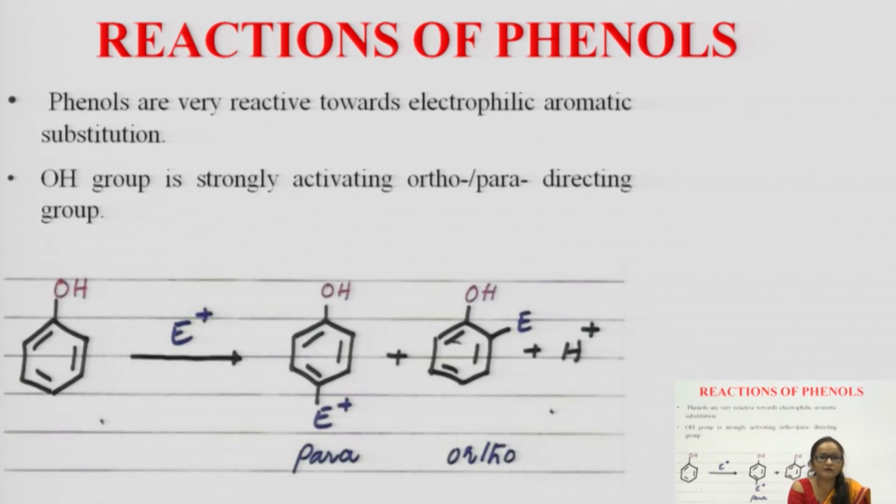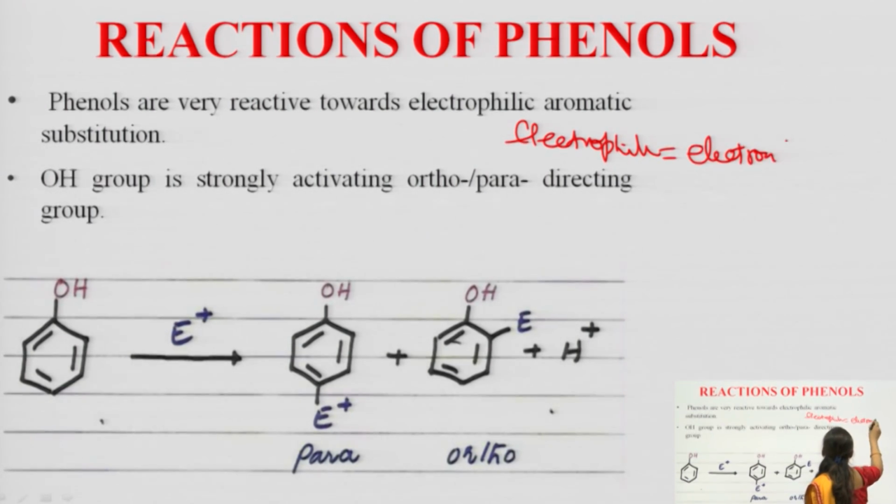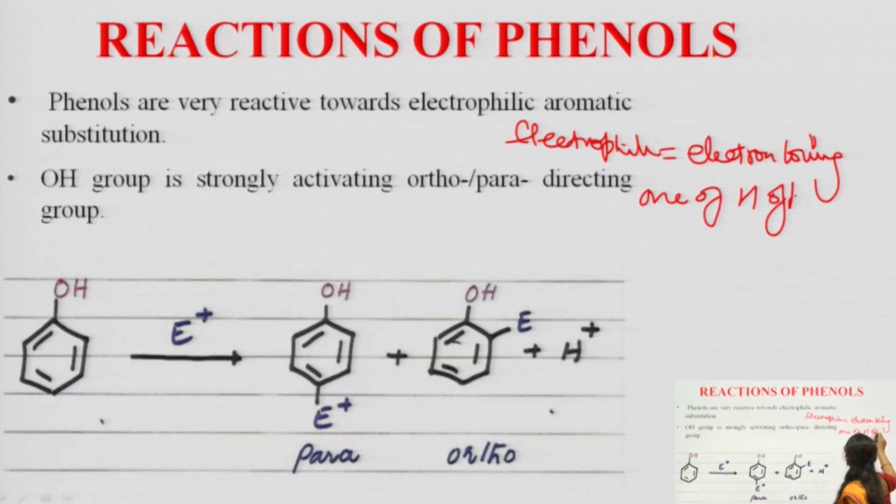Electrophilic aromatic substitution reactions are those in which an electrophile, electron loving, meaning the one that loves to get electrons, gets substituted by replacing one of the hydrogens of the benzene ring.